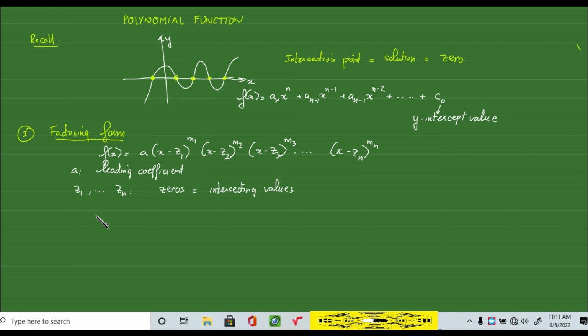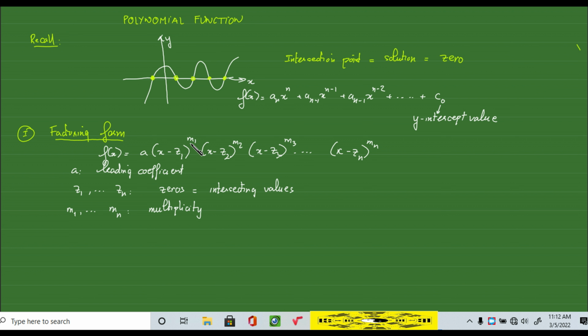Okay, and what is m1? m1 to mn here we call the multiplicity. So what is multiplicity? Well, if m equals 2, then basically it is (x minus z1) times (x minus z1), right?